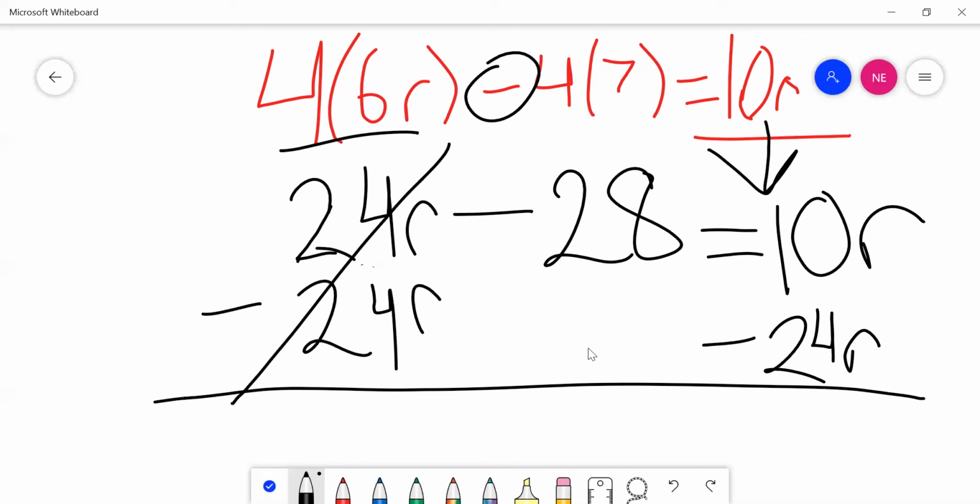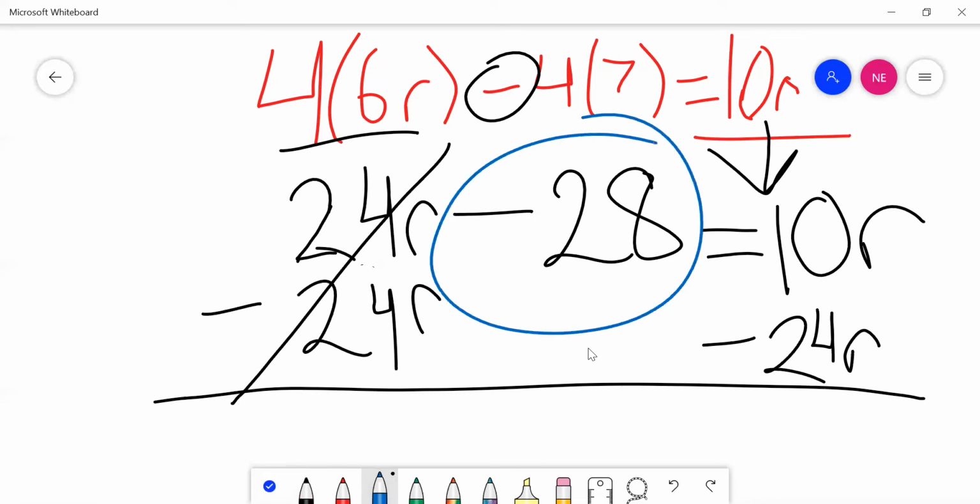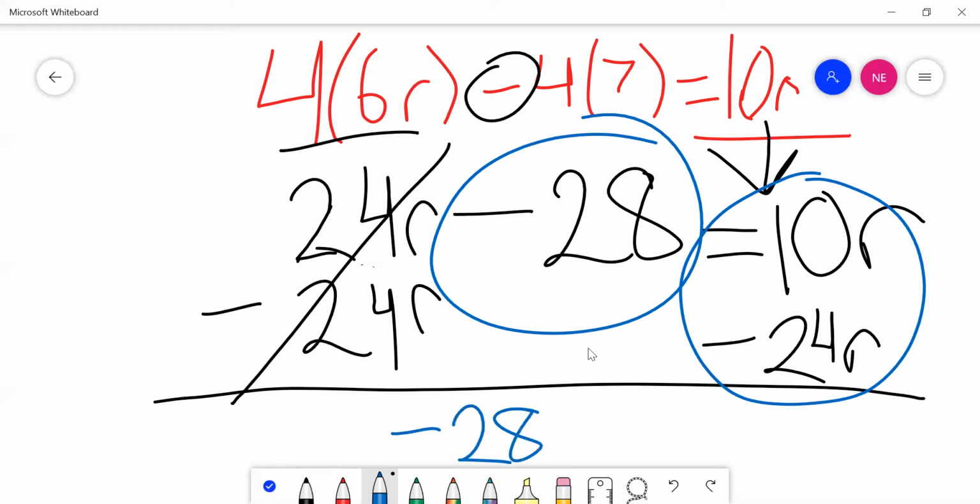Now you would have to bring down the negative 28, and then what does 10 minus 24 equal? So let's just bring down the negative 28, and this is part 3. There are actually 3 parts to the third step.